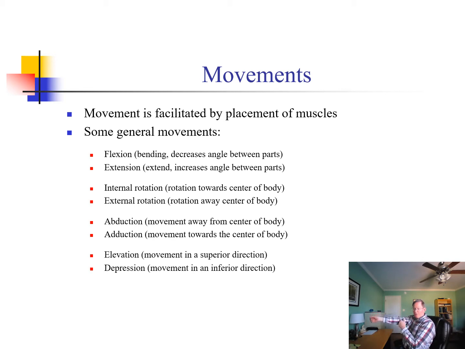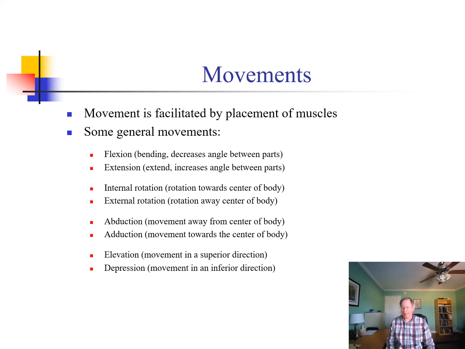If I focus on my elbow, one such movement is that I could decrease the angle between parts. My distal end, further away from my body, is coming towards it and is decreasing the angle here at my elbow. This is called flexion. If it's extension, it is increasing that angle.